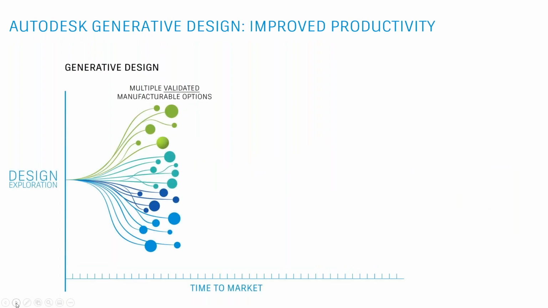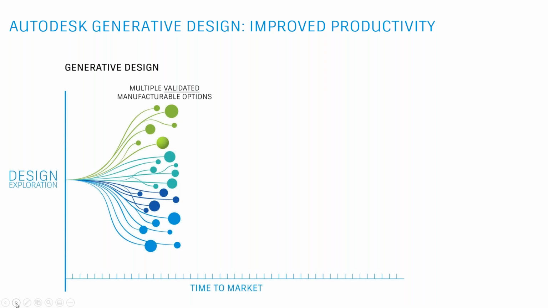While the approach with generative design is that once we have framed the problem, the software will propose to us all the possible solutions based on the information that we have provided.